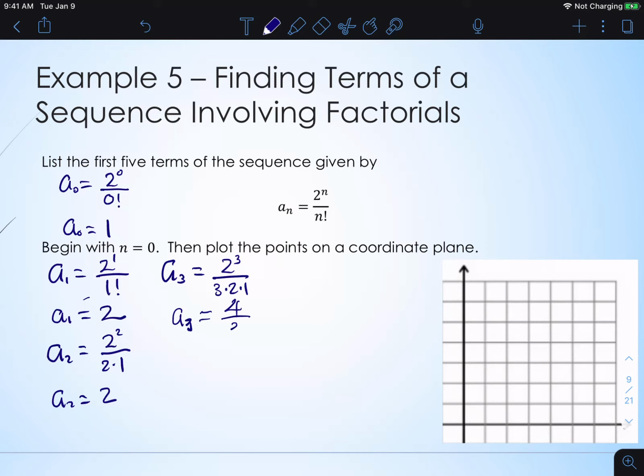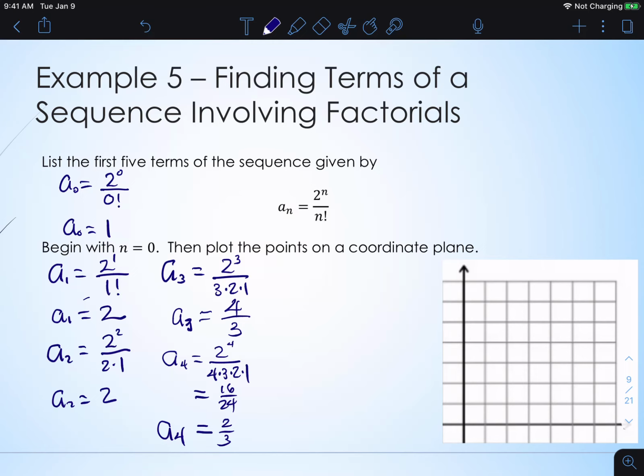And then a sub 4, 2 to the 4 divided by 4 times 3 times 2 times 1. 2 to the 4 is 16, divided by 24. They have a common factor of 8, so that becomes 2 thirds. So a sub 4 is 2 thirds.